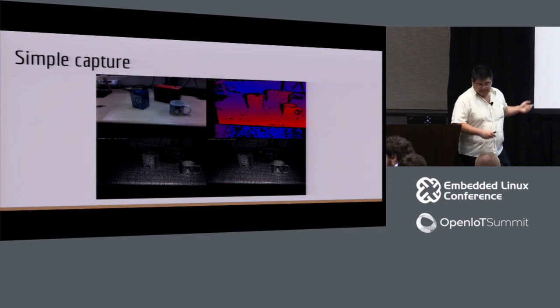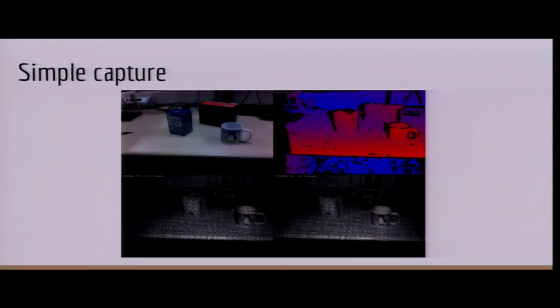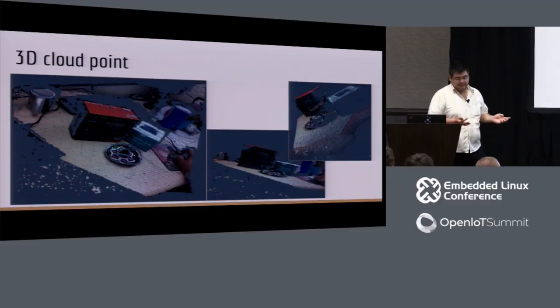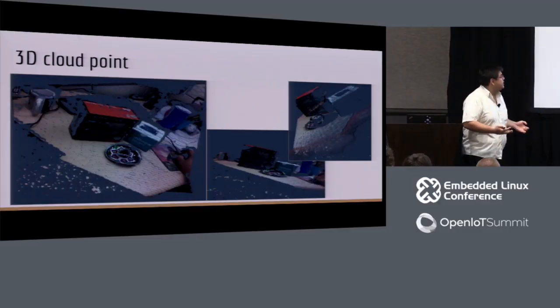With this, you can do a 3D point cloud. You are matching the RGB image with the points that were captured, and you will have a 3D cloud. And it is extremely easy to do some research with this.